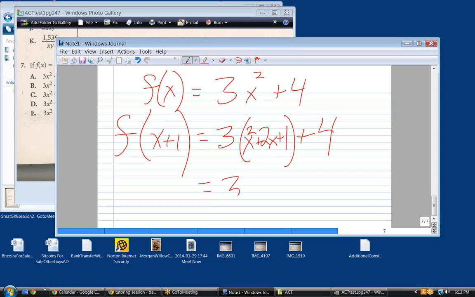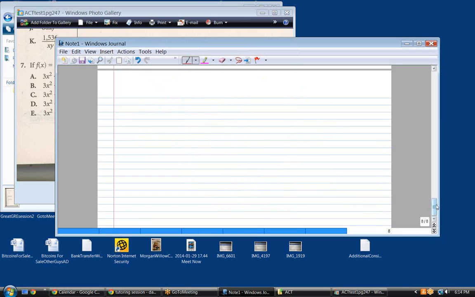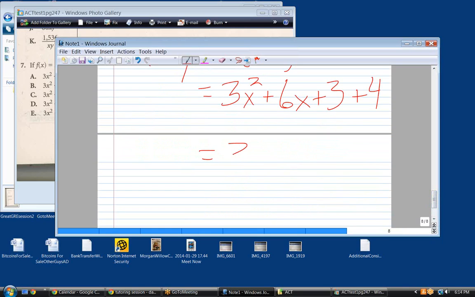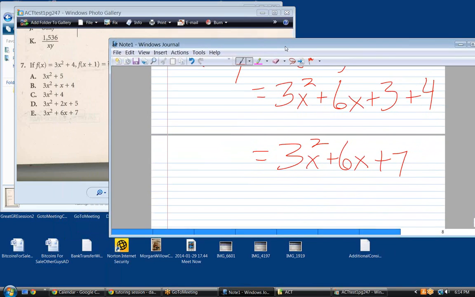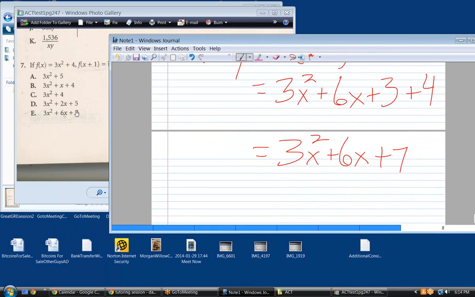So 3x squared plus 6x plus 3, and this plus 4 is still there. Then you can add the plus 3 and 4 together, so we end up with the answer that should be on there, and it is E.